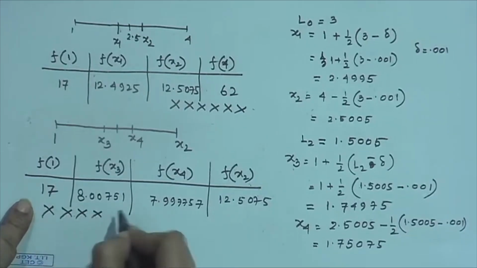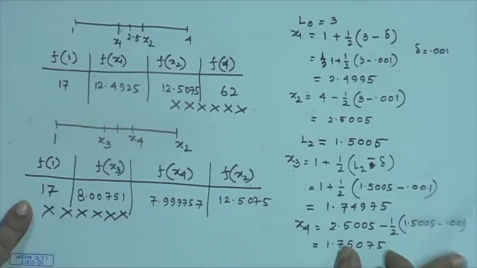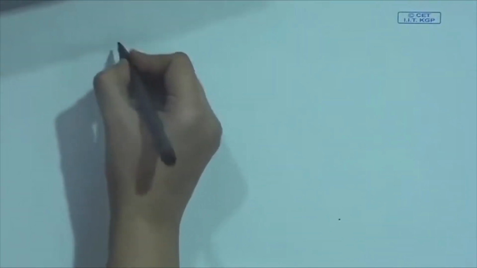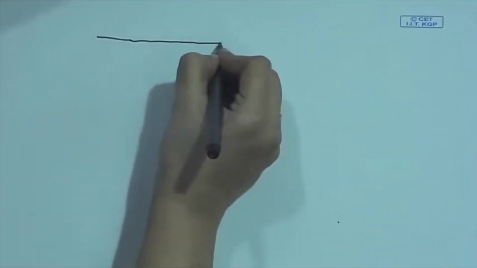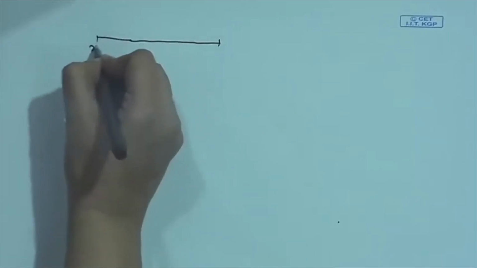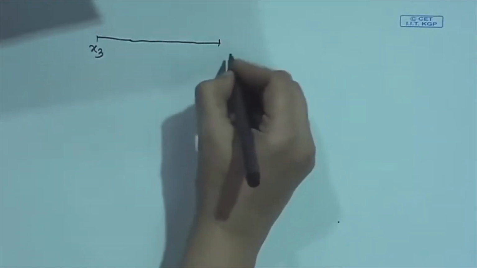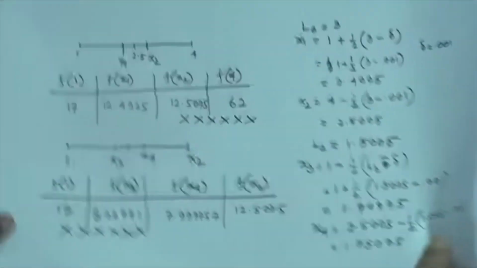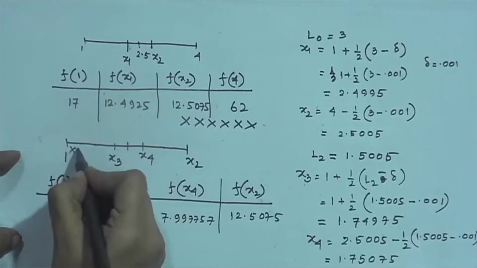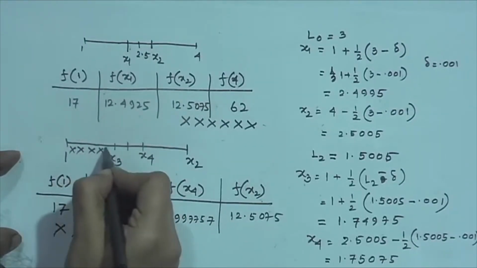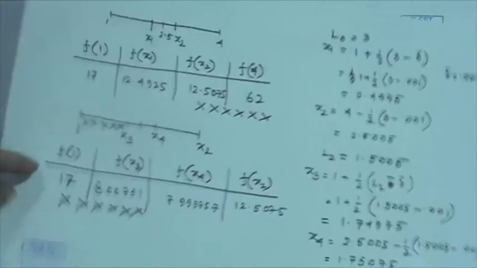You see we are getting another interval of uncertainty which is equal to x3 to x2, because we are discarding this interval, x3 to x4.